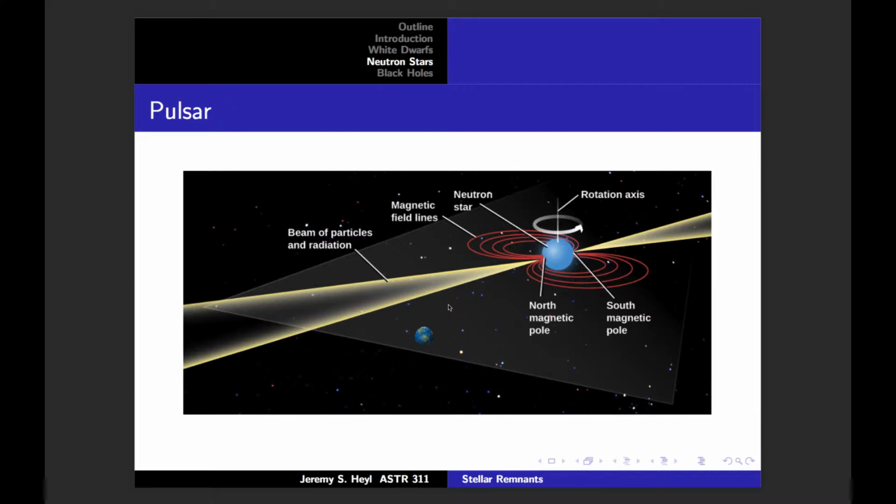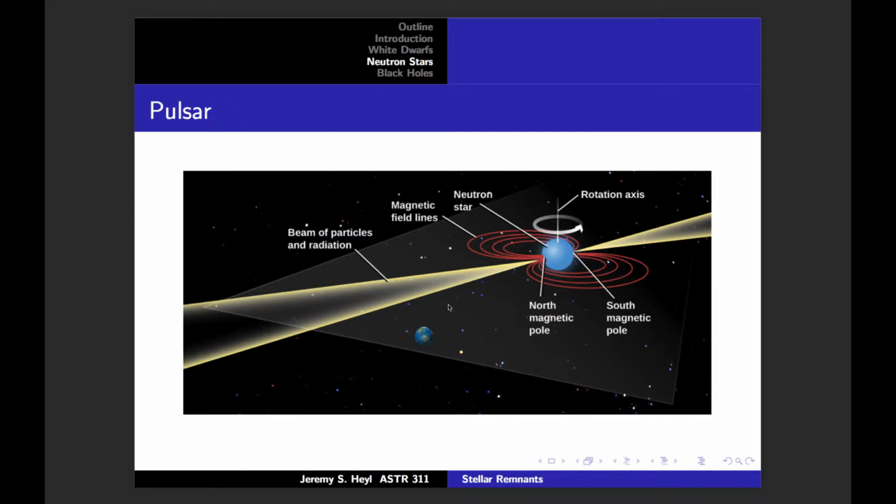And where the magnetic field comes out of the star, like on Earth, we have the north and south magnetic poles. On the neutron star, at the north and south magnetic poles, you have a beam of particles and radiation coming out. So when that beam crosses over the Earth, we'll see a flash or a pulse of radio waves. And every time it goes around, we'll get another pulse.